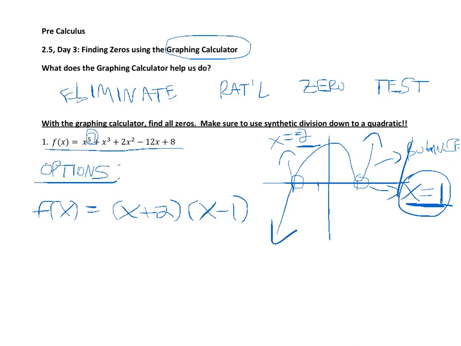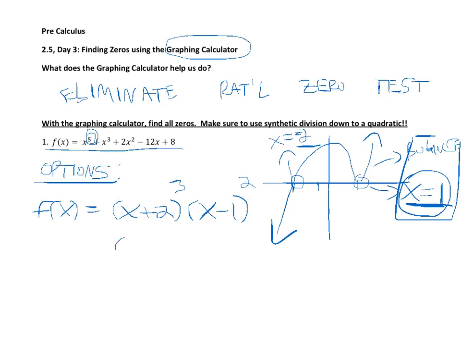Now since there was a bounce here at x equals 1, this has to at least be 2. Okay? Now you look, if you multiplied, your degree would be 3. This could be a degree of 3 because it goes straight through at negative 2. I don't know. I have to use synthetic division for 1 and negative 2 to figure out.